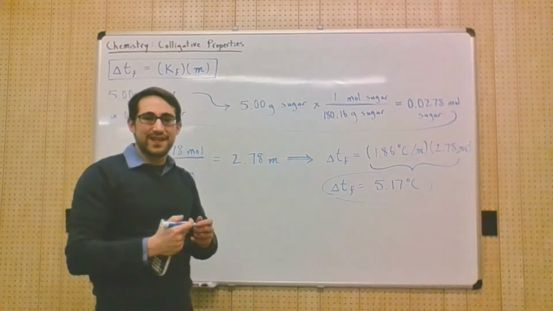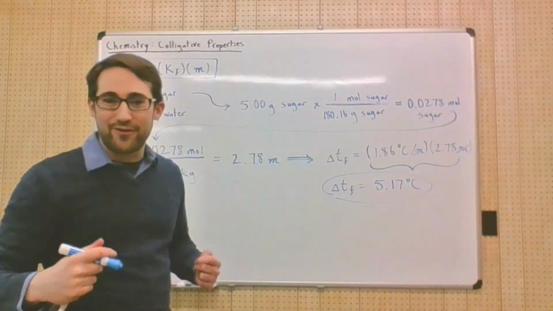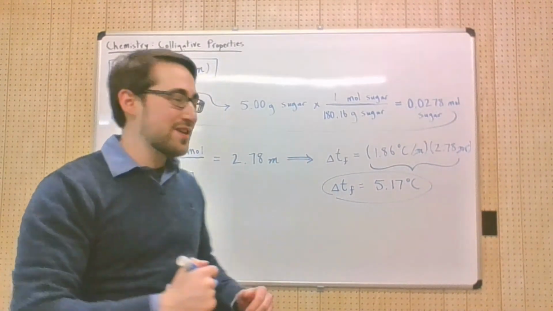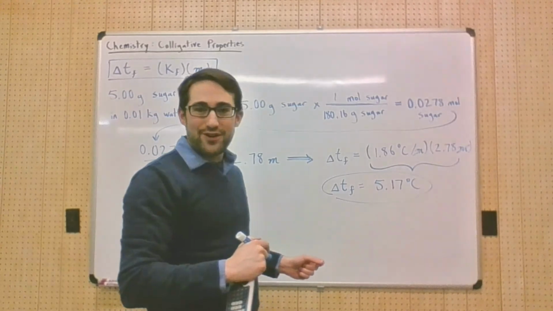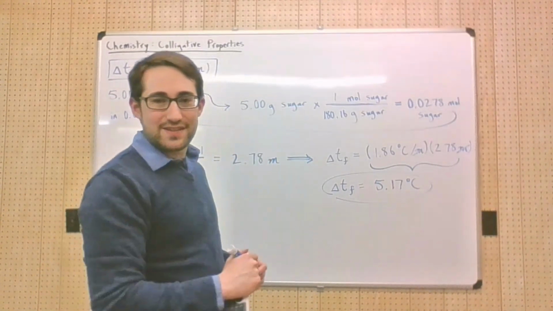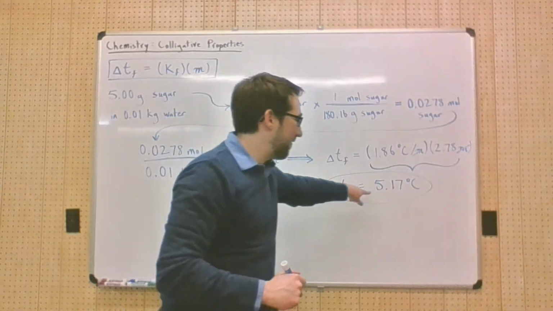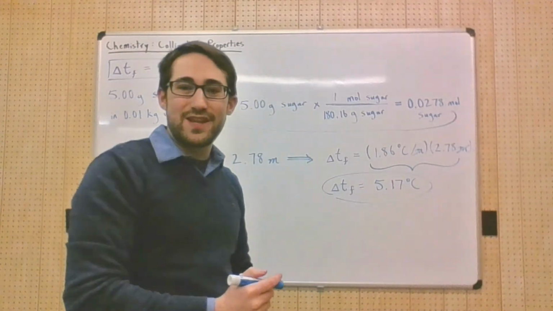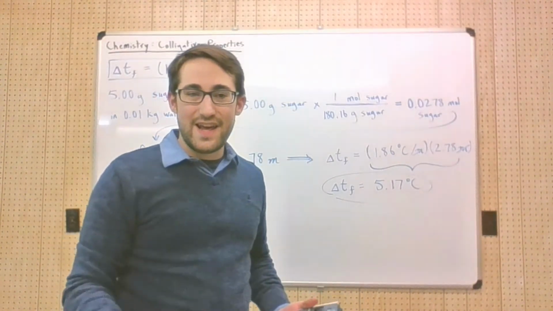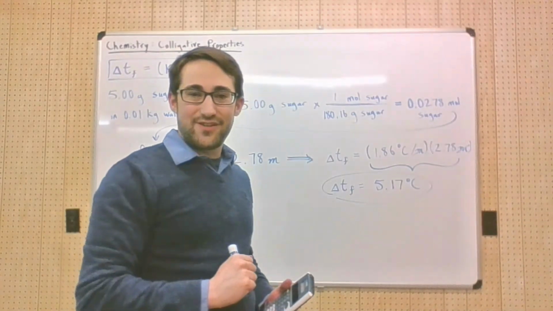Again, if we wanted to take that a step further, since this is how much our freezing point is lowering by, okay, our freezing point of water is typically 0 degrees Celsius. 0 dropping by 5.17 degrees Celsius would leave our new freezing point down at negative 5.17 degrees Celsius.